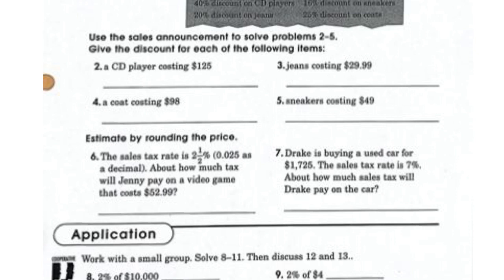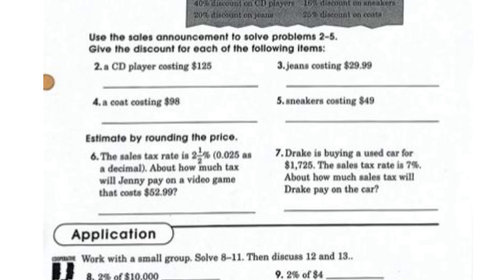All right, down here, Fillmore's store-wide sale: 40% discount on CD players, 20% discount on jeans, 15% discount on sneakers, and 25% discount on coats. It says use the sales announcement to solve problems 2 through 5. Give the discount for each of the following items.